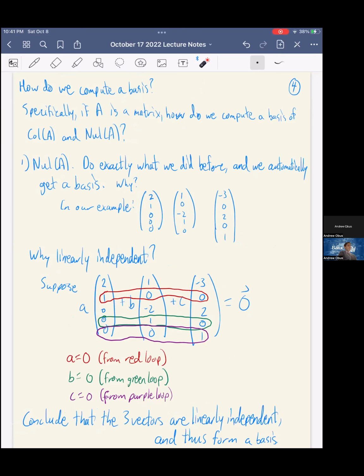But we can accept this as a fact. In order to calculate a basis for the null space, you write down the system AX equals 0, you solve it, and you write it in parametric form, and what you get is going to be a basis. Okay, so that's how we get a basis of the null space.